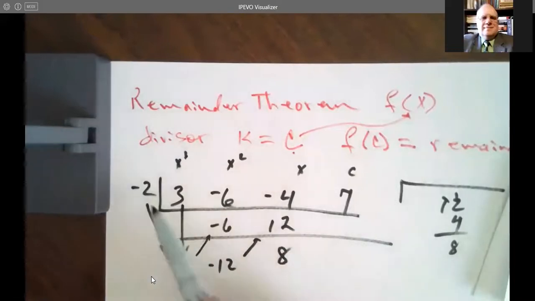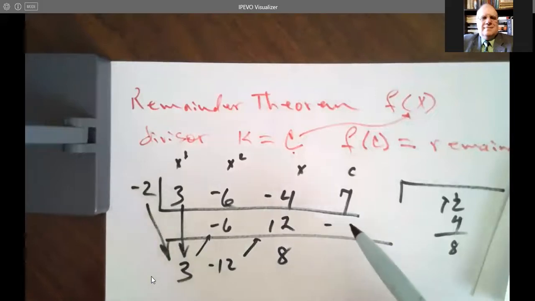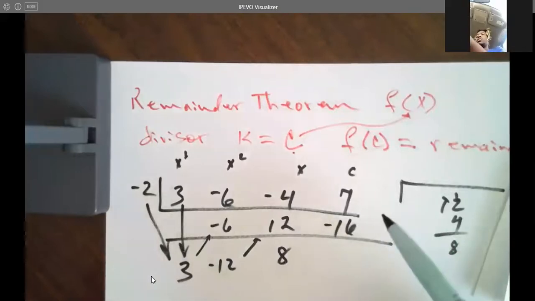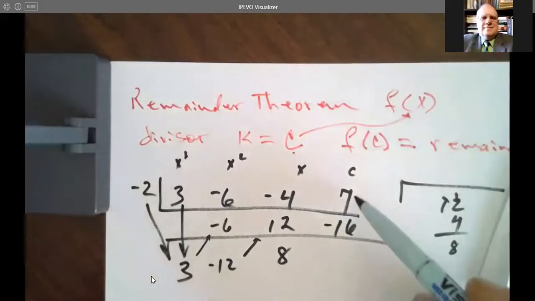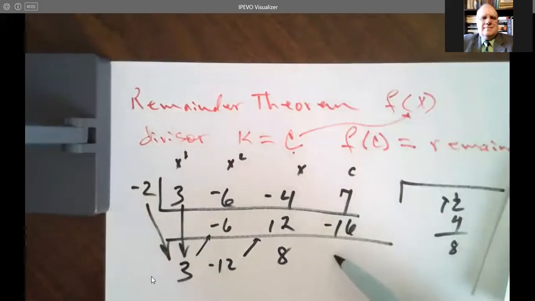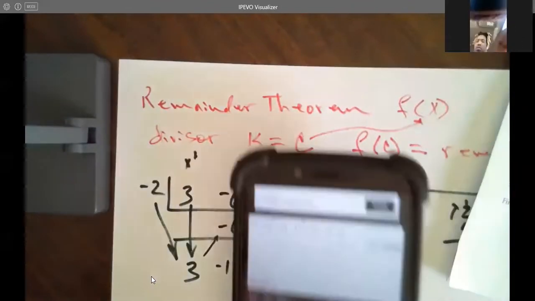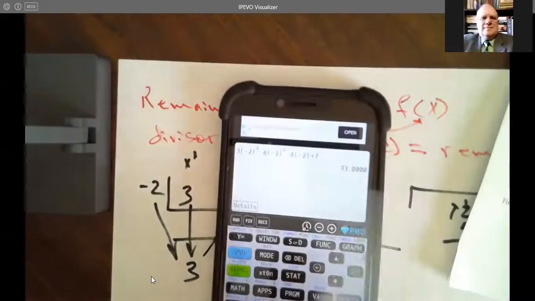Okay. Now we're going to multiply -2 times 8, and we get -2 times 8 is 16. So 7 and 16 is a negative 9. Okay, so something's not right here. Let's see.